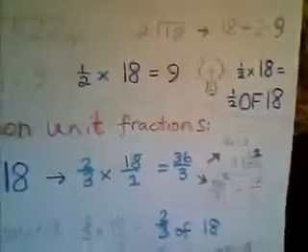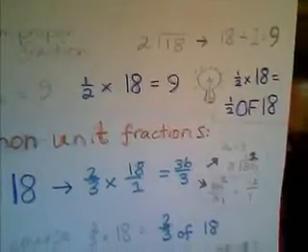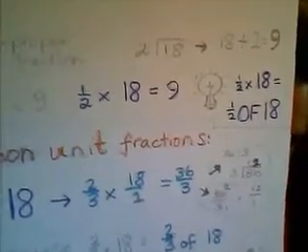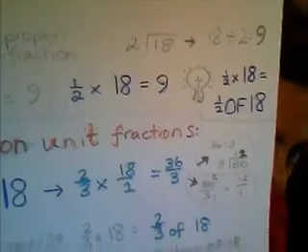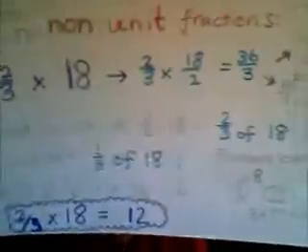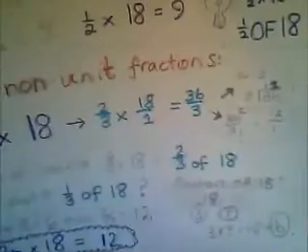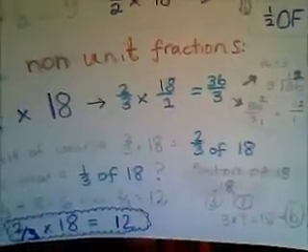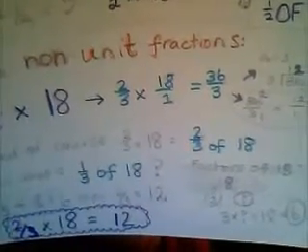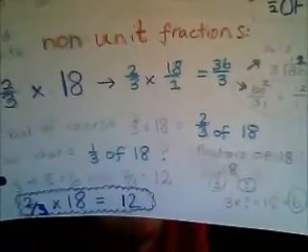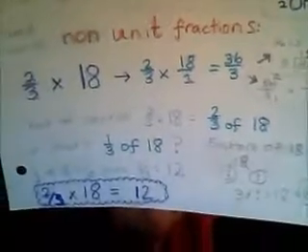My 1 looks a little bit like a 2 there, but it is a 1. So 2 times 18 is 36. 3 times 1 is 3. And then hopefully you have found your answer there, either by simplifying or using brackets and finding out that it's 12. Okay?